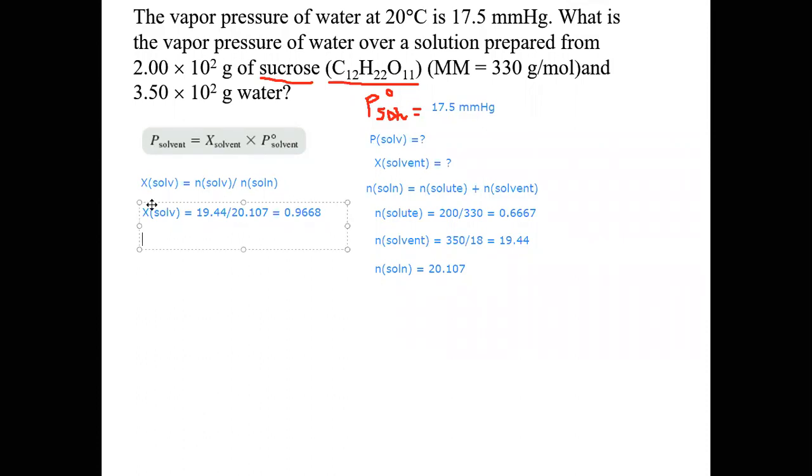We can calculate the P of solvent, or the vapor pressure of the solvent in the mixture. And we get 16.9. So that's the vapor pressure of the solvent after we added 200 grams of sucrose.